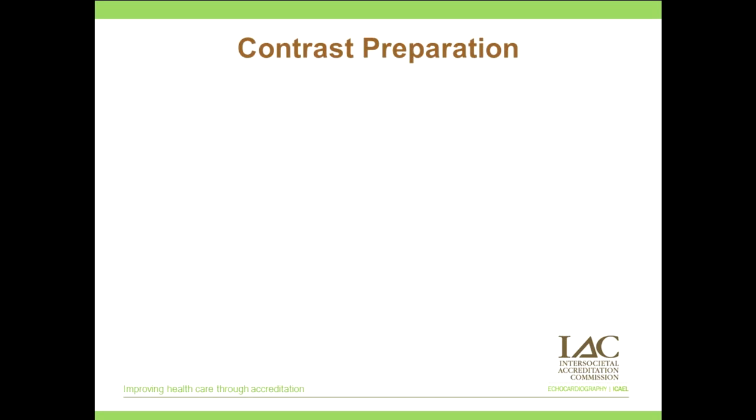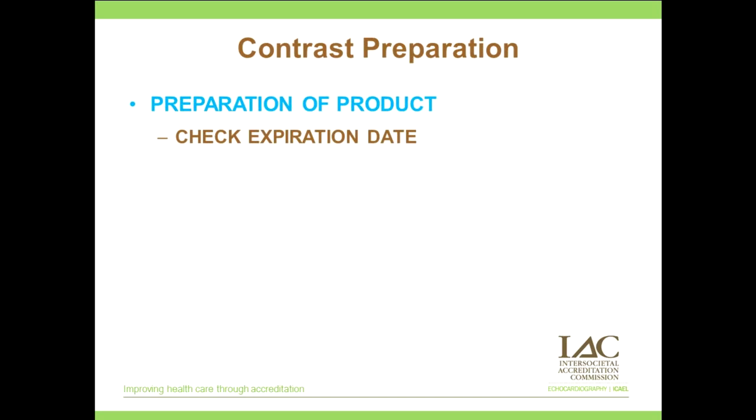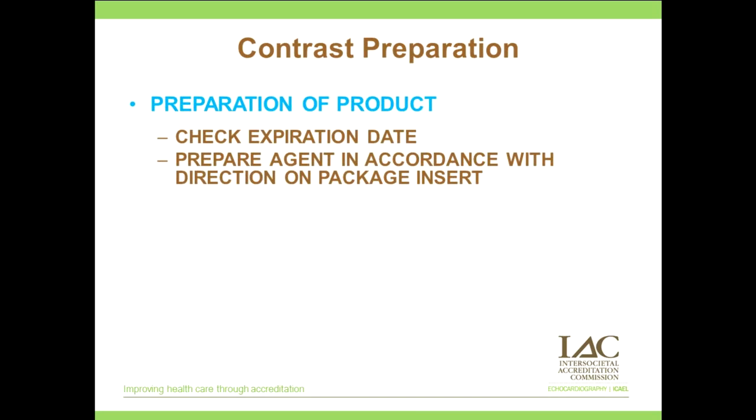Contrast preparation does not necessarily need to be part of your lab protocol. However, you might want to have a statement in your policy stating that anyone administering contrast has been proven competent. So for contrast preparation, you just want to first check the expiration date. Then, as I mentioned, you want to prepare the contrast per package insert.